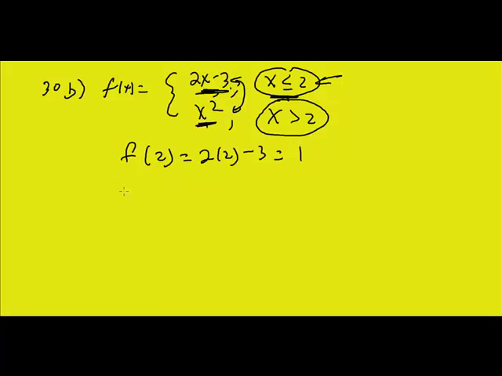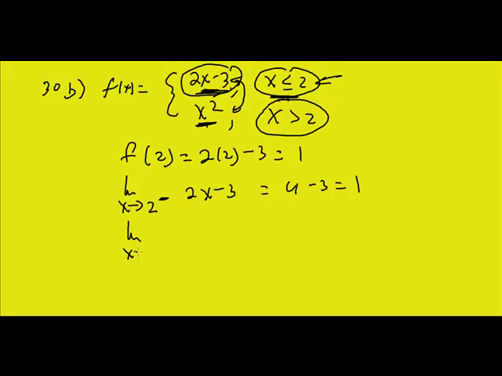Now I have to check the limit. Limit as x goes to 2 from the left side. On the left side is the line, so I have 2x minus 3. I'm going to plug in the 2, which gives me 4 minus 3, which is 1. So the line is going to 1 when I come from the left side of 2.